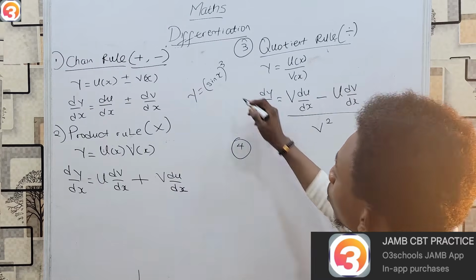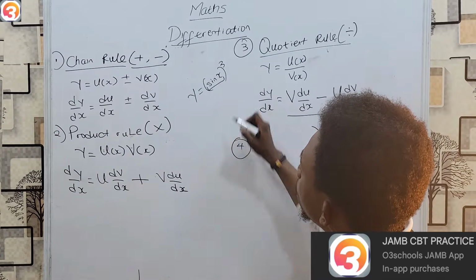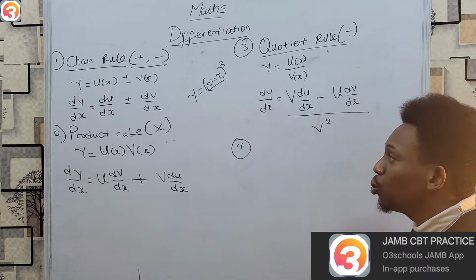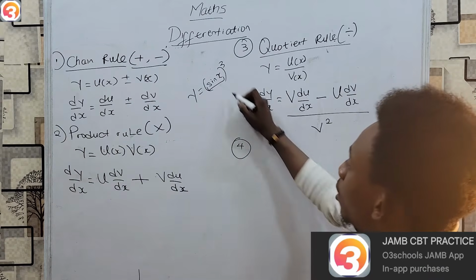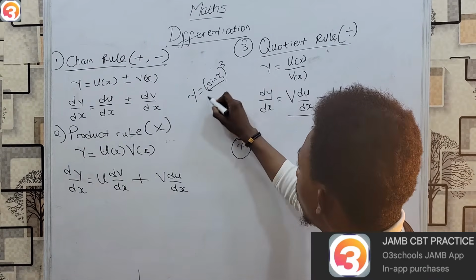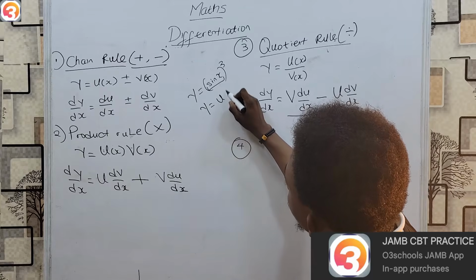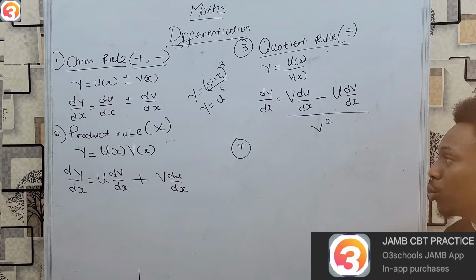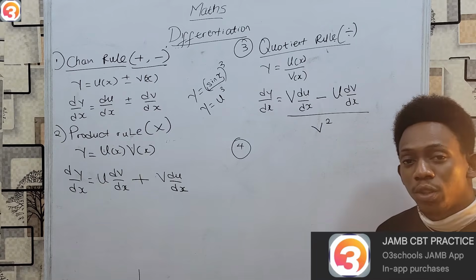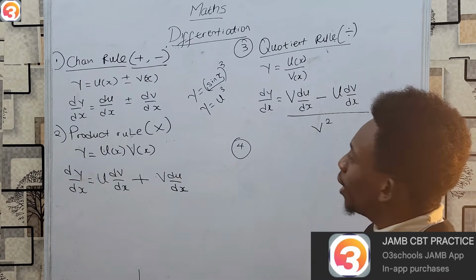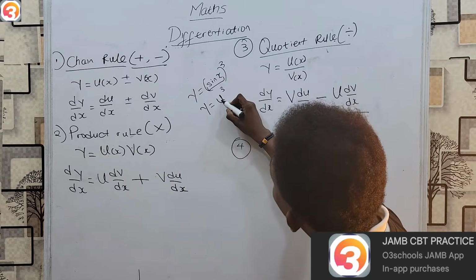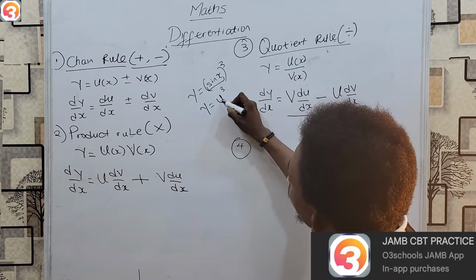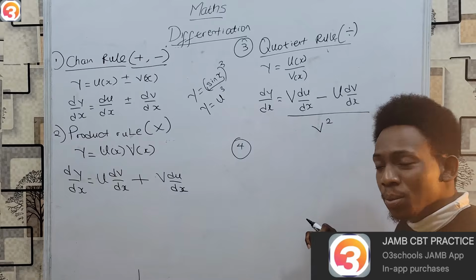In this case, we're going to remove this variable and replace it with a simple letter. Let's say I replace that with u. So now I'm simply having u cubed, which, as you are aware, is a very, very simple thing to differentiate. Once I differentiate this, I'm also going to differentiate this, then I'll do a little multiplication.